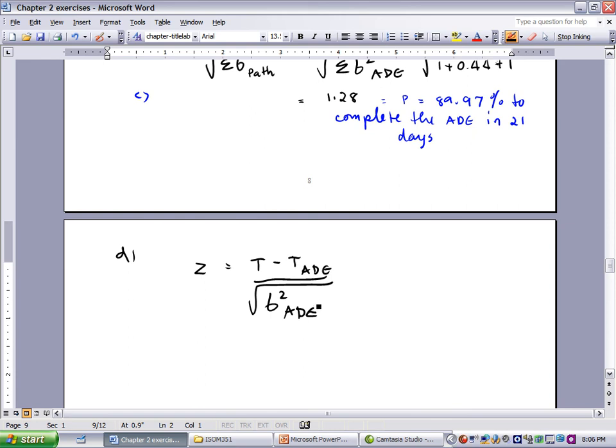Remember that these can be any path that you are interested in. 17 minus 19, over 2.44, which is about negative 1.28.